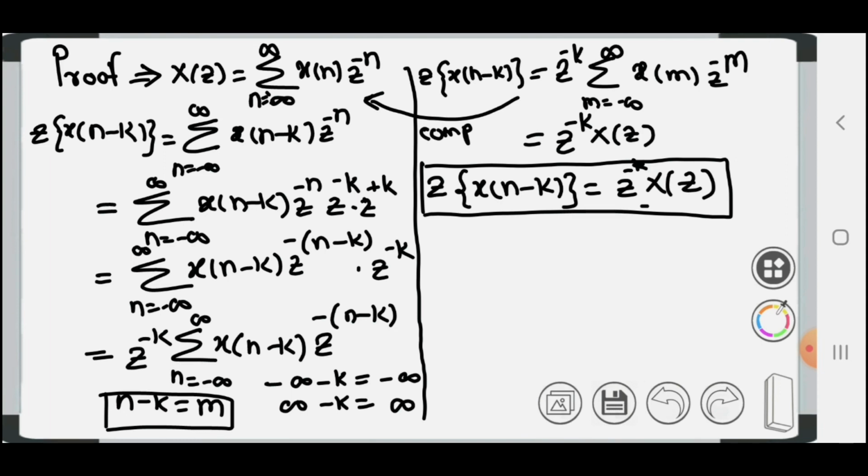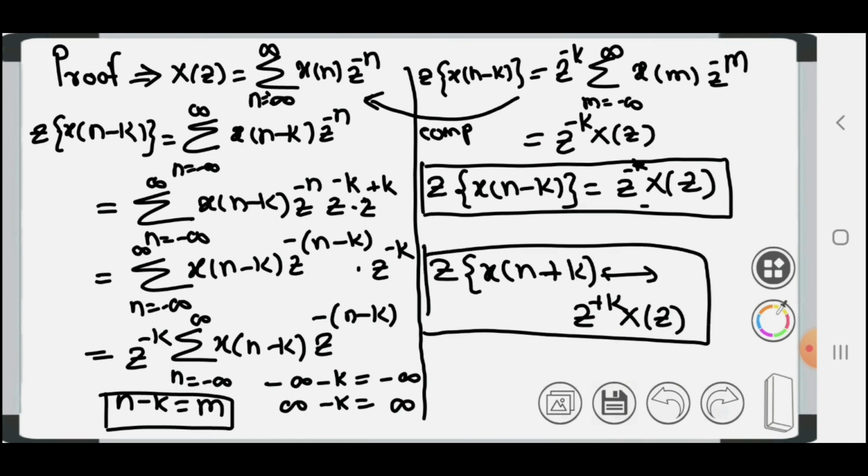If it is positive, then the ROC will be the same as the ROC of X of z, except z equal to 0 when k is positive, and except z equal to infinity when k is negative. It will be the same for x of n plus k. So we can directly write it will be z raised to plus k X of z.